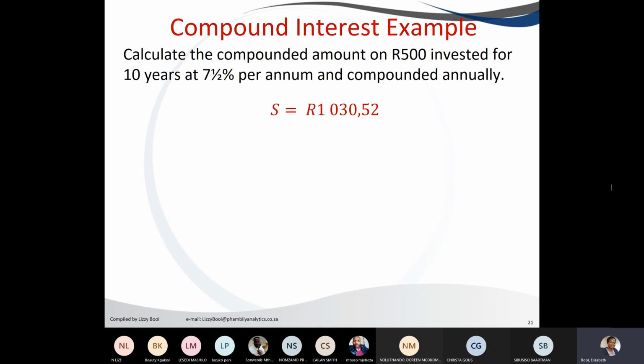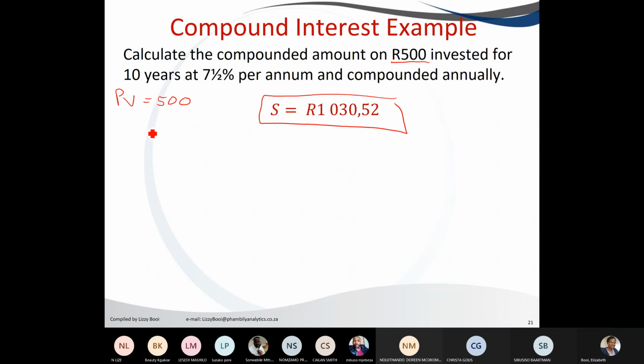So let's look at the same example that we had previously. You remember that in the manual calculation that we did, we got S is equal to 1030. So those who are using the Sharp financial calculator, we need to identify also what we are given in this question. Our PV, our present value, is equal to 500.